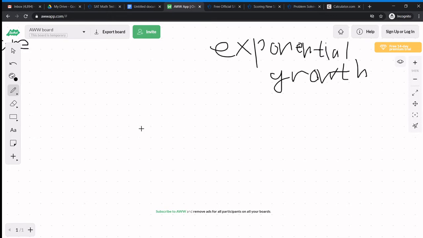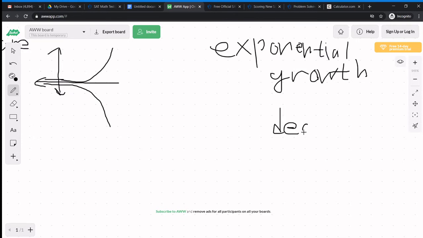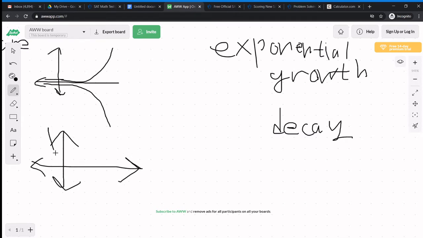Exponential growth means that it's going away from zero, so graphs that look like this, right? Or graphs that look like this, going away from zero. Exponential decay is the exact opposite, it's going towards zero. So graphs that look like this, or this.